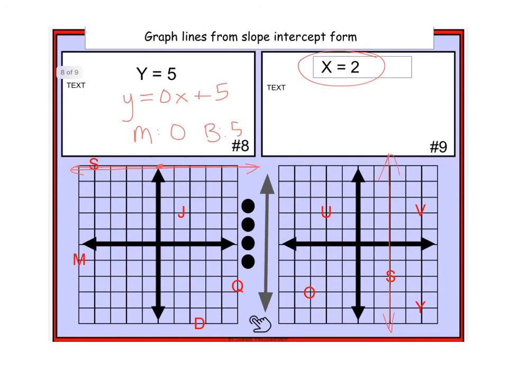Now this one does not have slope. We call the slope undefined slope. And the intercept is 2, so our b is going to be 2. Alright, so S and S.